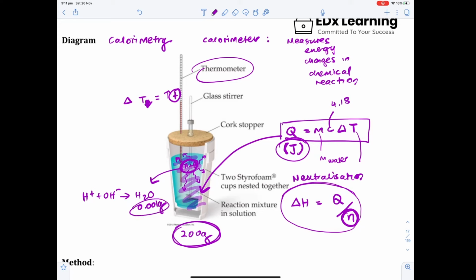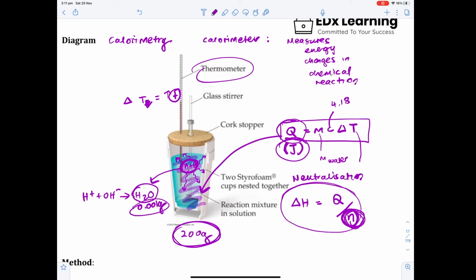What mass of water am I subbing in for to find this N? 200 grams or the 0.001 grams? 0.001, right? Remember this, the Q has everything to do with the entire vessel of water, the N has to do with what we made in the reaction itself.